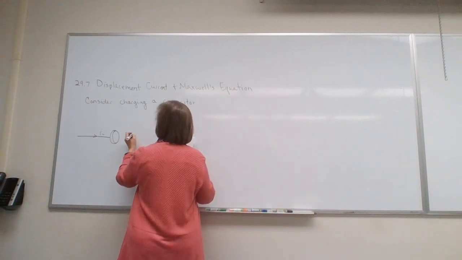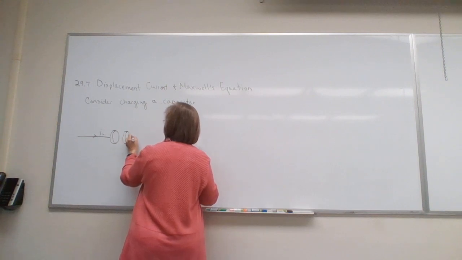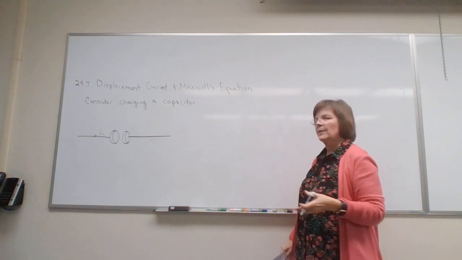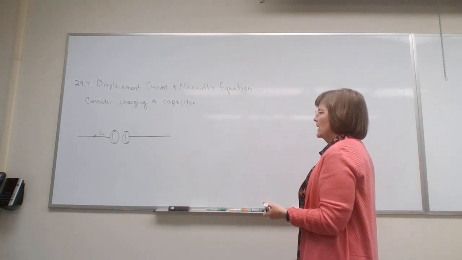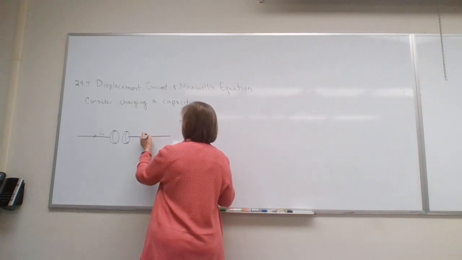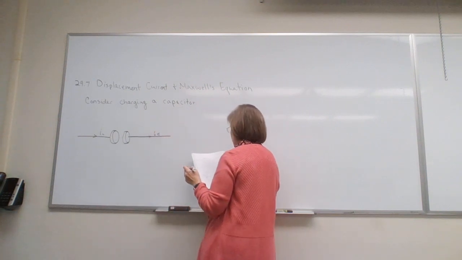And then over here I have a second disc. They're kind of exaggerated, but capacitors have that. So I've got a capacitor. All a capacitor is, I've got two parallel plates. They happen to be round the way I've drawn them. And I've got current flowing in, I'm charging the capacitor.